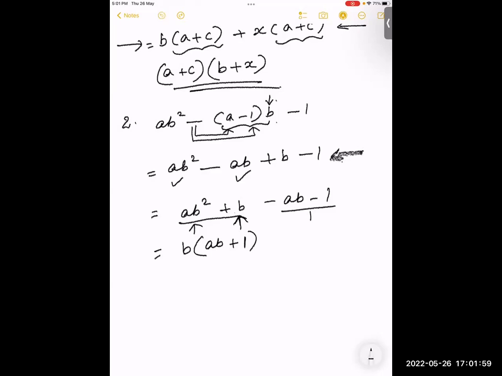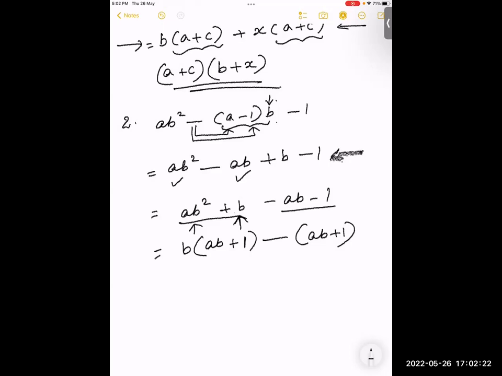Or I would say take out minus 1. Both the terms are negative. If I take negative out and put it in a bracket, don't you think I can write like this? Yes, ma'am. So when I take negative out, I am left with AB plus 1.